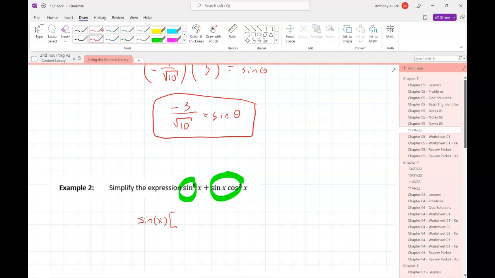When I do that, sine cubed x becomes sine squared x, and sine x times cosine squared x becomes cosine squared x. Everybody okay with that? It's the easiest kind of factoring that you remember, not quadratic factoring, just a greatest common factor thing.